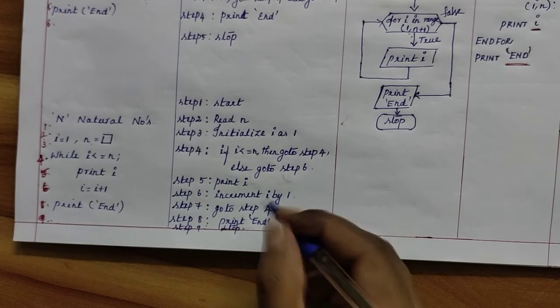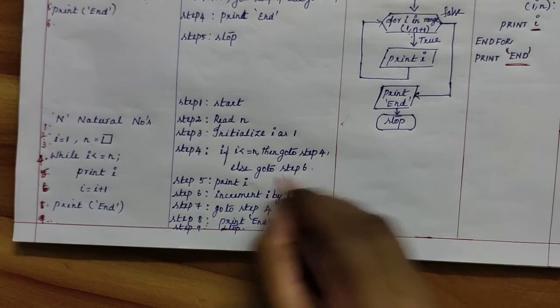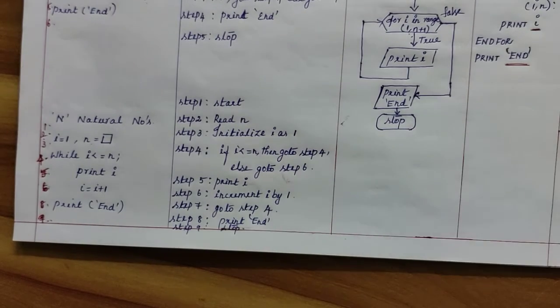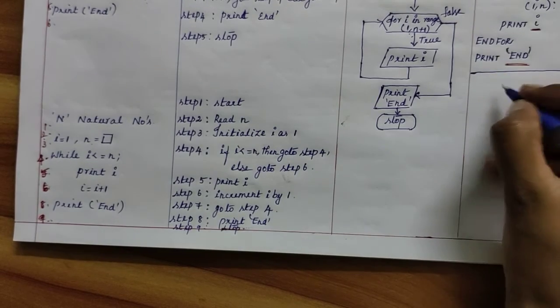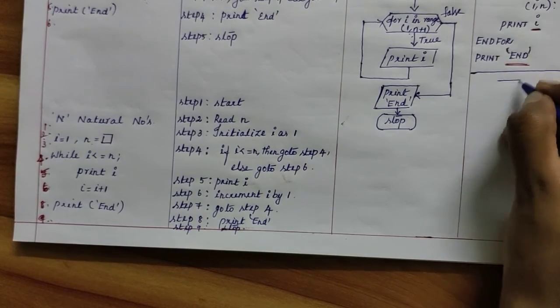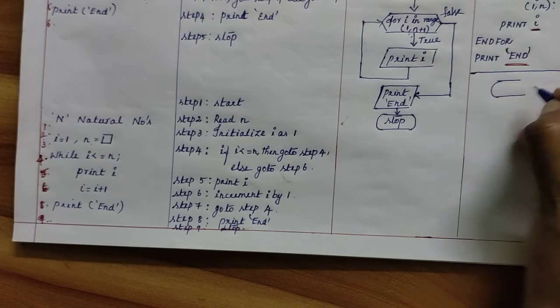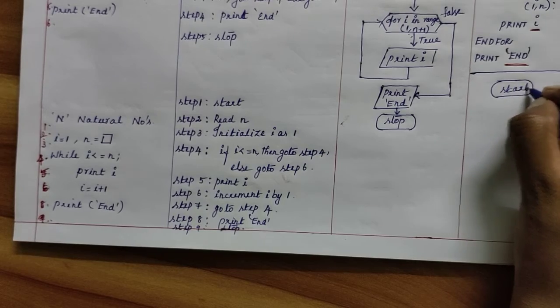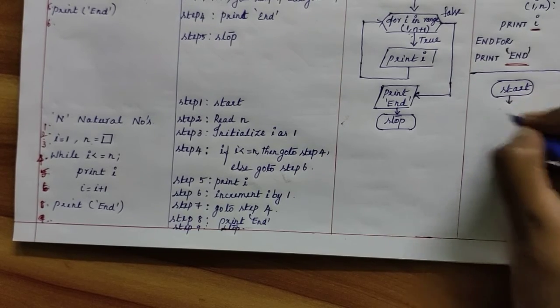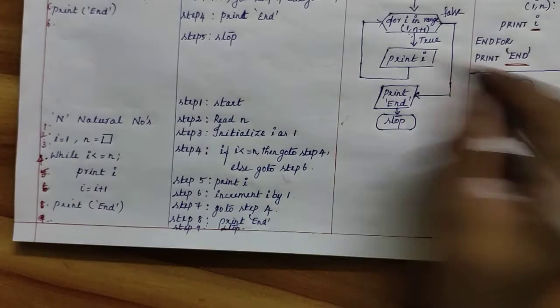And next we are just going to draw the flow chart. So the first step is we have to write start, and the second one is read input.